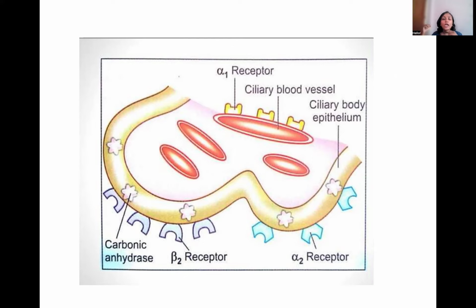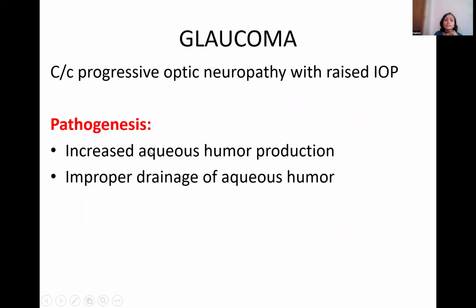H2CO3 will be formed and it will split to form H plus and HCO3 minus. Now, this HCO3 minus is important for the formation of aqueous. So, the secretion of aqueous can be decreased by decreasing the generation of HCO3 minus. So, what can you give? You can give a carbonic anhydrase inhibitor. So, you have the third class of drugs now.